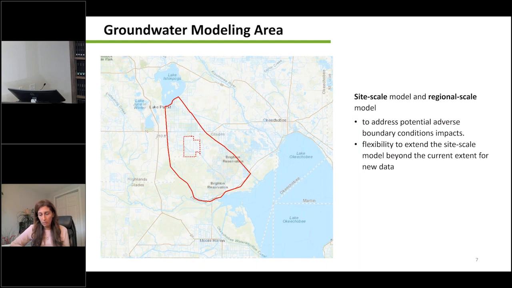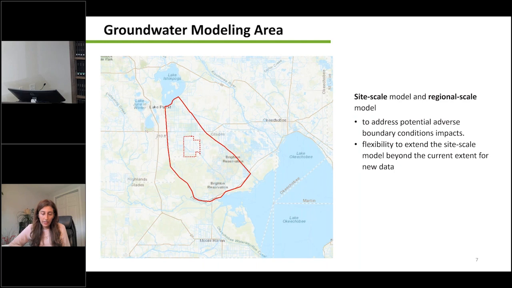So this two-scale modeling approach is a common approach to numerically model a groundwater system, and there are advantages that we get from this approach. One of them is, for example, we could address adverse boundary condition impacts, because the model is limited to the natural water, and usually the natural water elevation is somewhat constant.